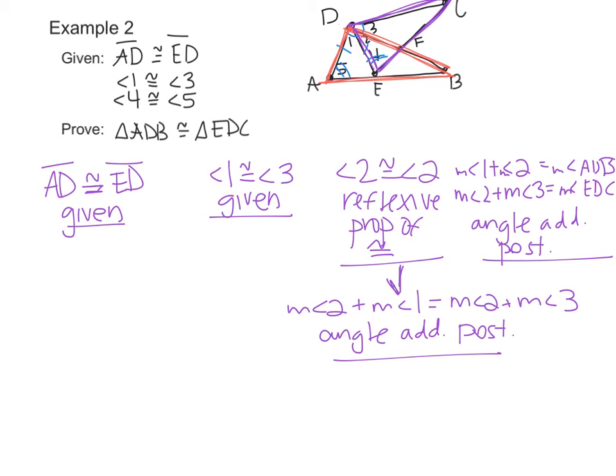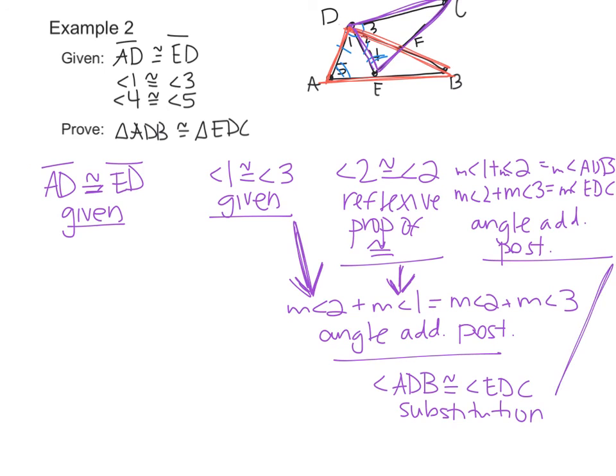So this guy took me there, this guy took me here. Now we know that angle ADB is congruent to angle EDC, and that's because of substitution. That's because this guy over here and this guy here fed into that.